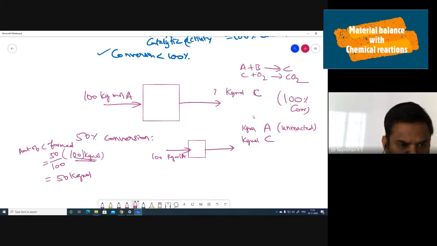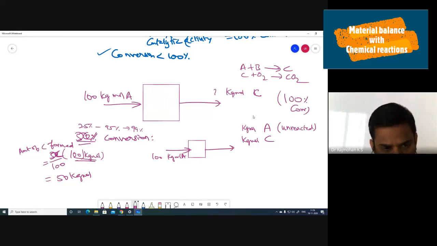So out of 100 kg mole, whatever the conversion given, if it is X percentage, like it may be given as 25% or 95%. There may be some process where we may have 99%. So whatever the value of X percentage, it is X by 100 into 100.